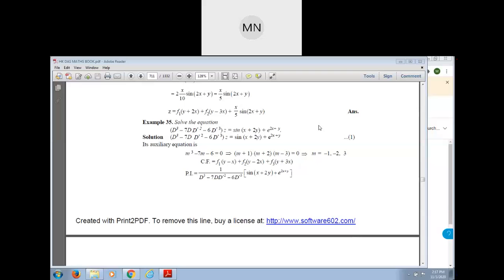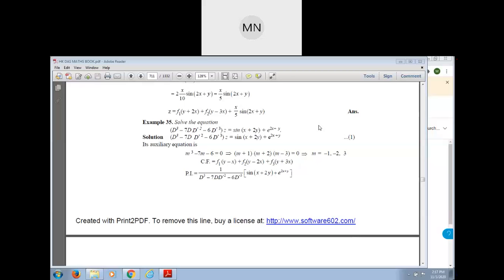So in the next step, we have to find PI. And PI is 1 by f of D comma D dash into f of x y.